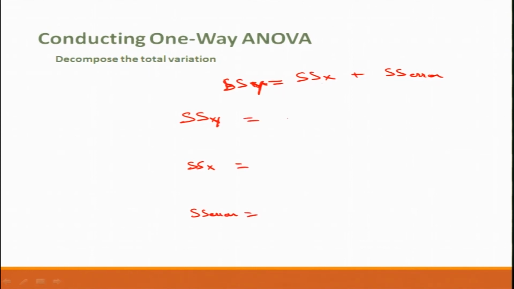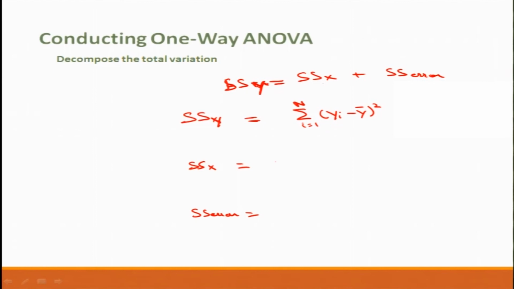We saw these relations in regression. I am just recalling those. This is the sum of yi minus y bar whole square, where i varies from 1 to capital N here. SSX was n times the sum of y j bar minus y bar whole square, where n is the group size.